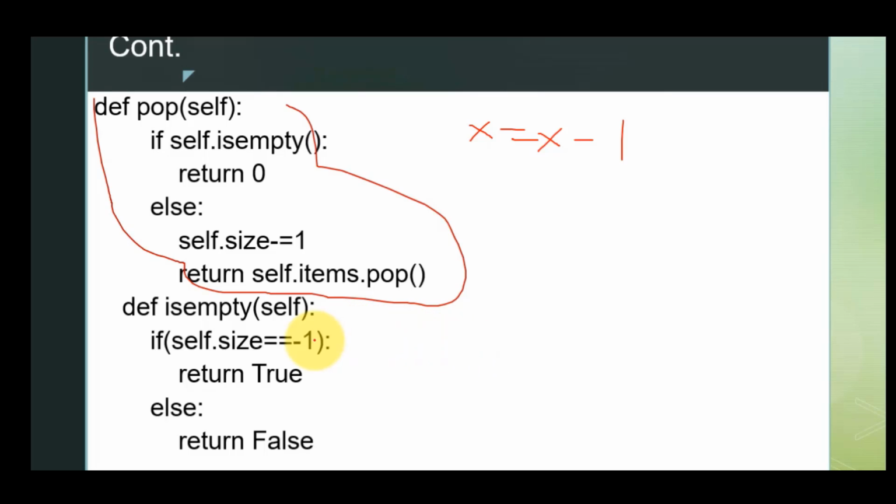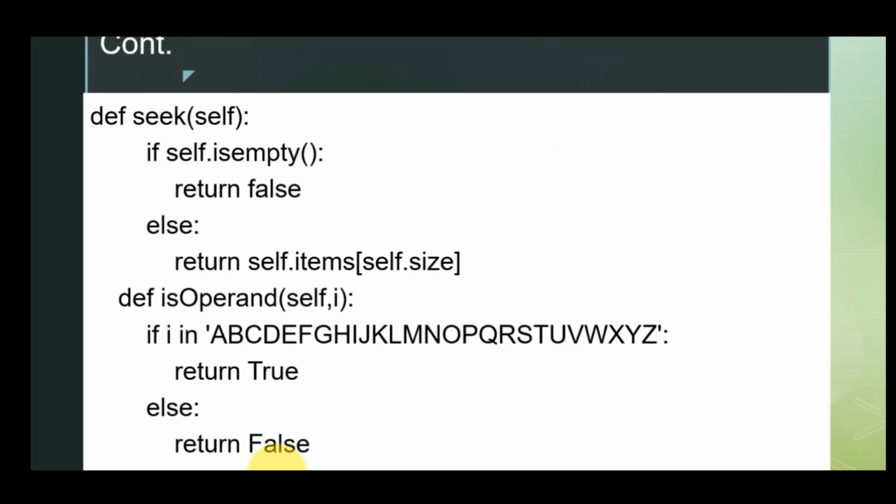If this condition is true, then it will say okay, it's true. However, if this one is false, there is an element inside, then it will give this false result. So seek, this is equivalent to the one that I mentioned, peek. Okay, peek.